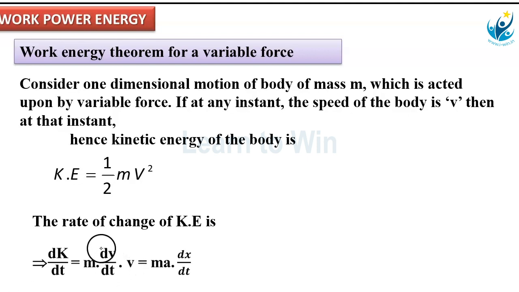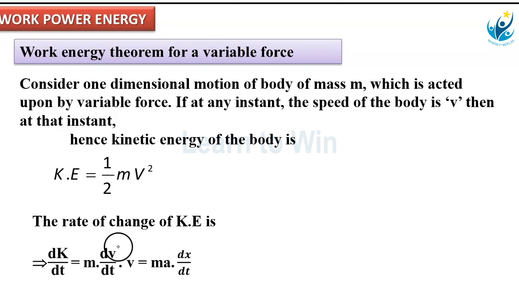What is dv by dt? Rate of change of velocity, which is acceleration. Into v. What is v? Velocity. Velocity is defined as rate of change of displacement. So, instead of this v, I am using dx by dt.